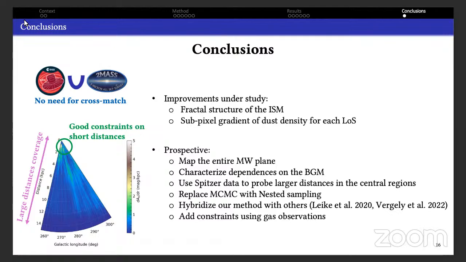And then there are some improvements that are possible using nested sampling instead of MCMC that could give us more robust results. Try to hybridize our method with other maps to improve the constraint on maybe small distances and add constraints using gas observations.